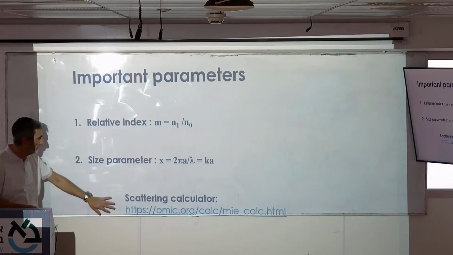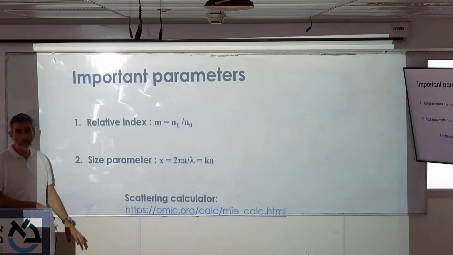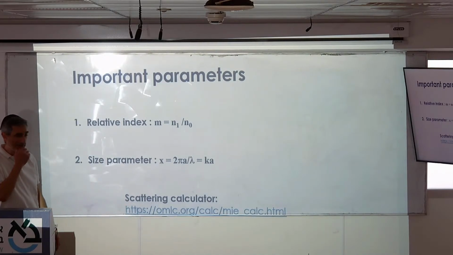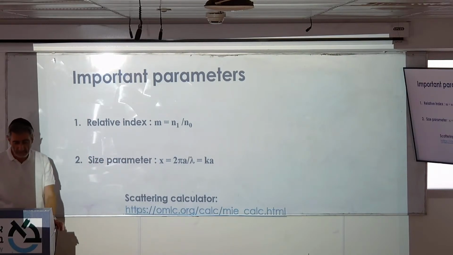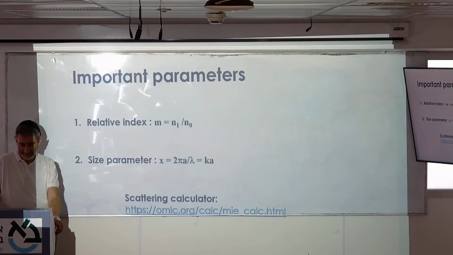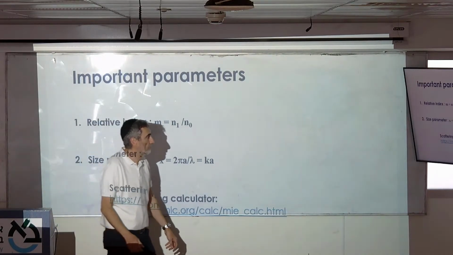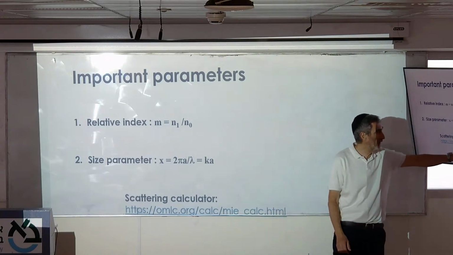So you have here a calculator. All of you have a computer or phone, so you can enter this website, and I let you do it. It's omlc.org, the Mie calculator.